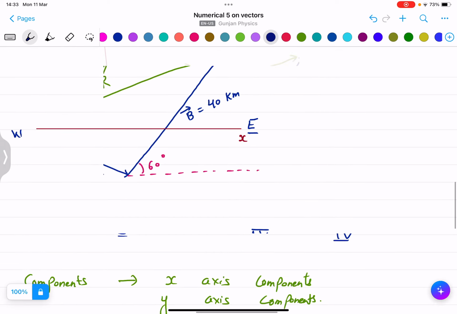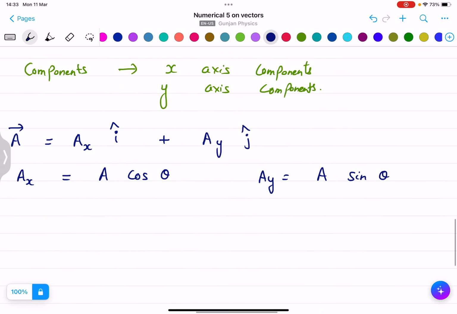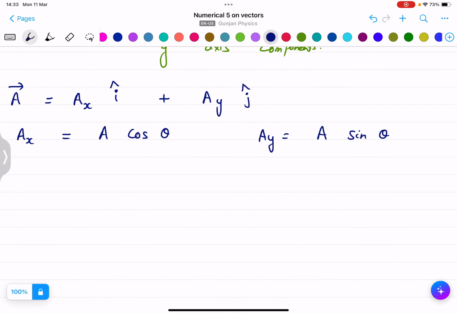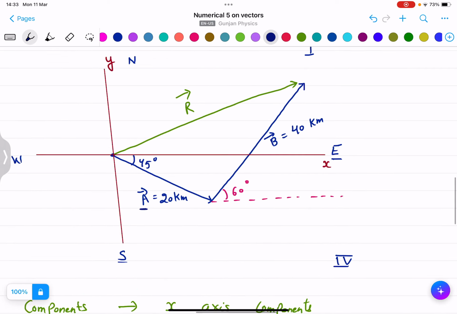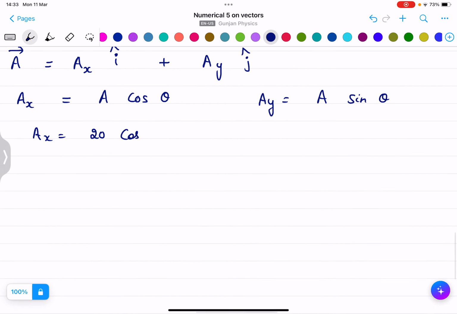So now if I am talking about A vector, this is my A vector and it is making a 45 degree angle with the x-axis. So my Ax will be, what is the magnitude of A? It is 20, you can see, because it moves 20 kilometers. So the magnitude is 20 cos 45 degrees, and Ay equals 20 sine 45 degrees, right?